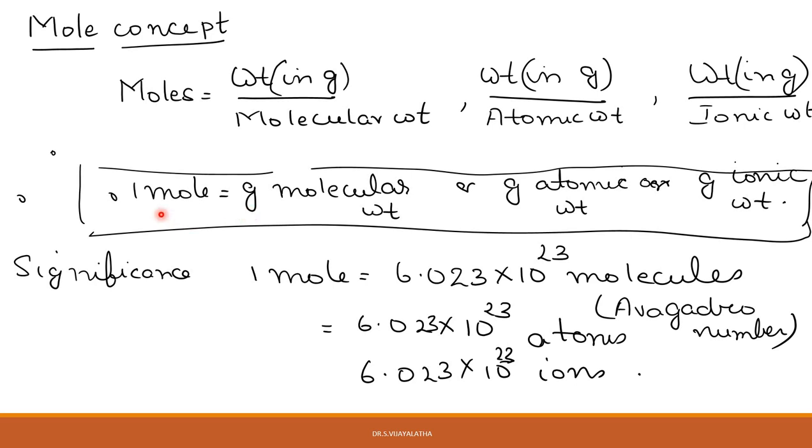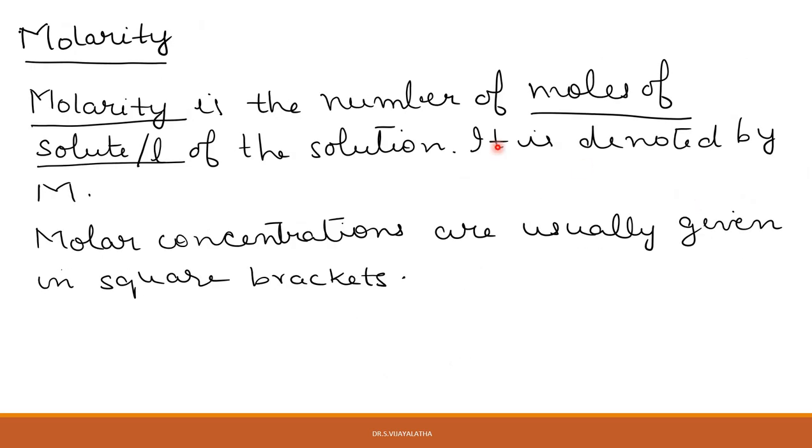So here we can therefore write 1 mole as gram molecular weight. That means molecular weight expressed in grams, because if these both are same, the answer will be 1 mole. Similarly, for an element we can write 1 mole is gram atomic weight, or for an ion 1 mole is gram ionic weight.